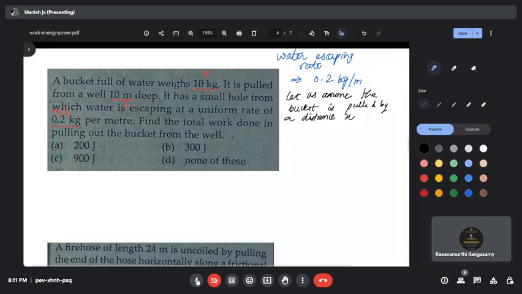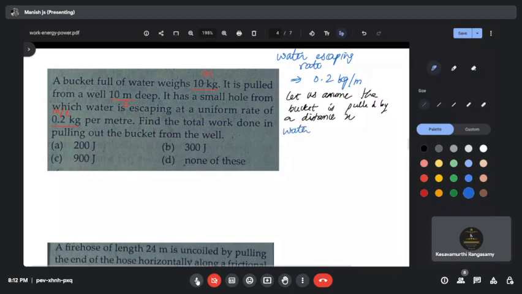So as you keep pulling, the water level in the bucket is going to reduce, isn't it? So what is the level of water remaining in the bucket as you pull it, because you're pulling through a well which is 10 meters deep?